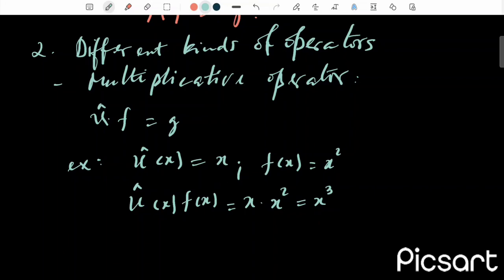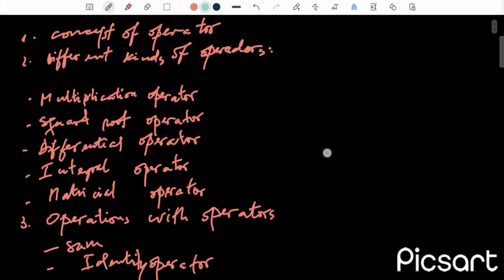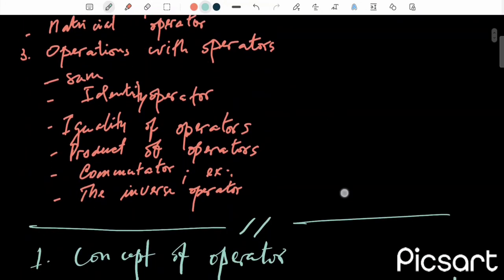On the other hand, we can have, for example, a square root operator.